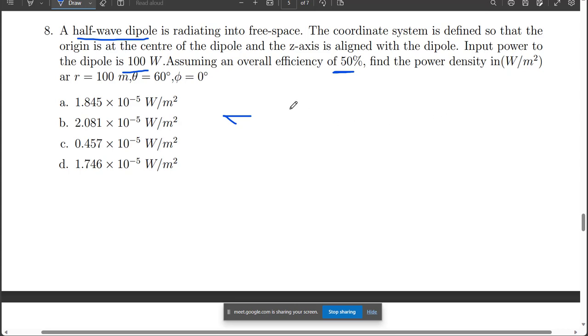So the first thing you have to do is, input power and efficiency are given, so find the radiated power, P radiated, PR. After that, put PR equals half I naught square R radiated. R radiated of a half wave dipole is 73 ohms.